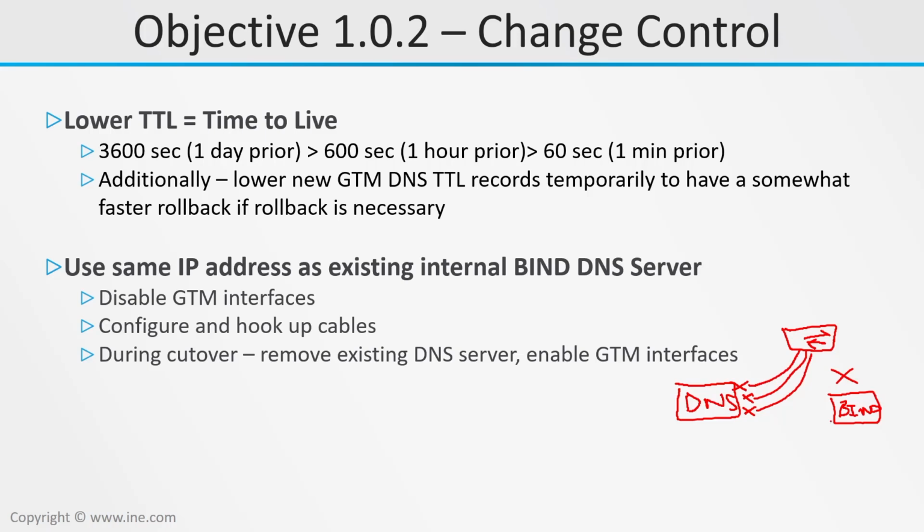Before doing that, you would do a zone transfer to DNS, so it has the information for that zone, and you would configure DNS to use the same IP address as the BIND server did.